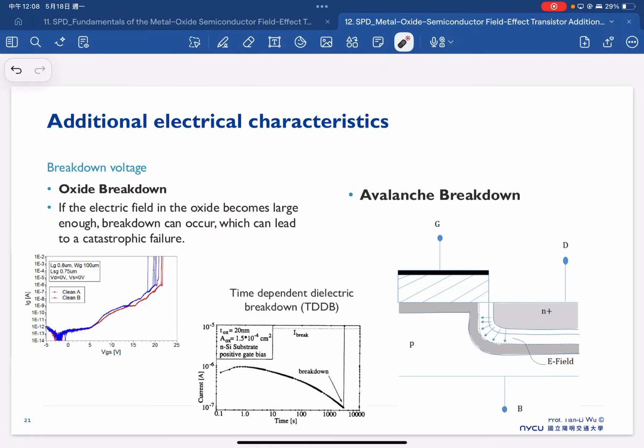So if the electric field in the oxide becomes large enough, the breakdown can occur, which can lead to catastrophic failures. So here is a typical example where we see the IG versus the VG at this point, and then we try to sweep as high as possible, then we see the gate leak current increase.